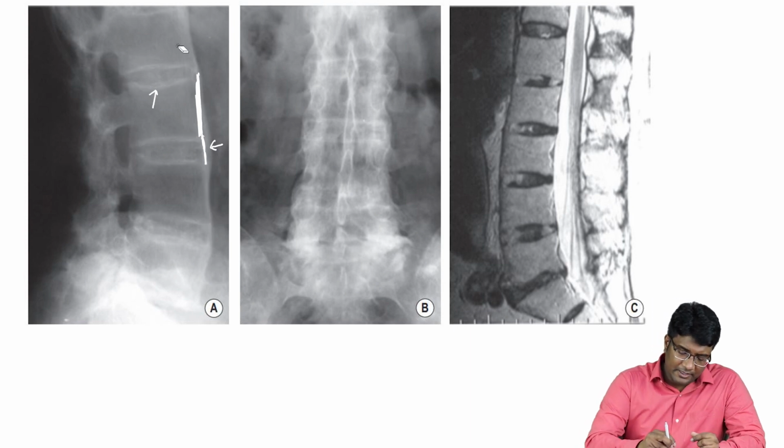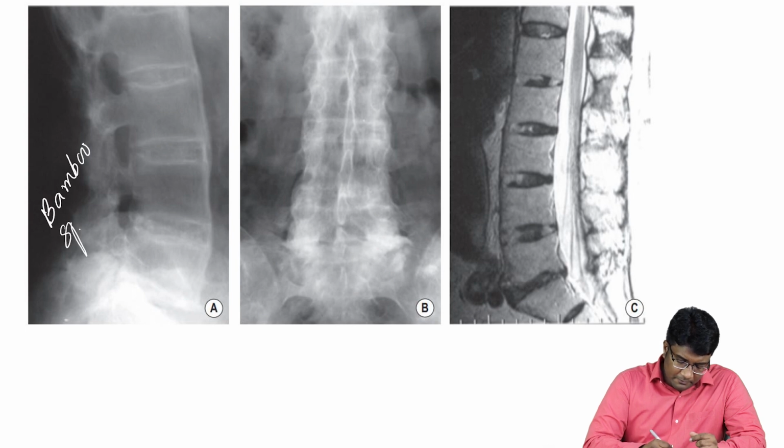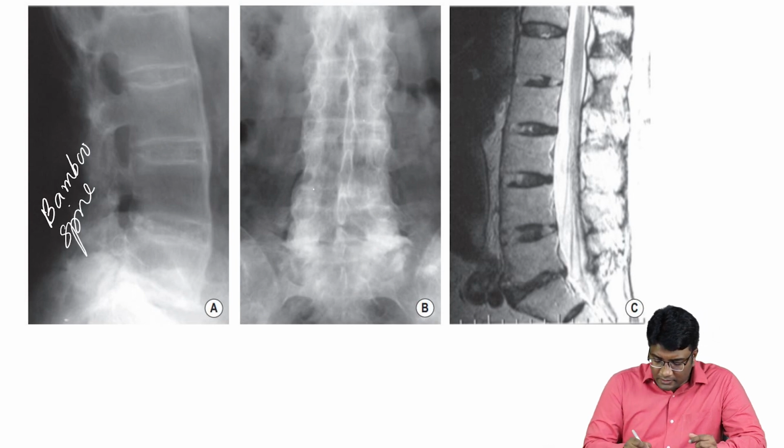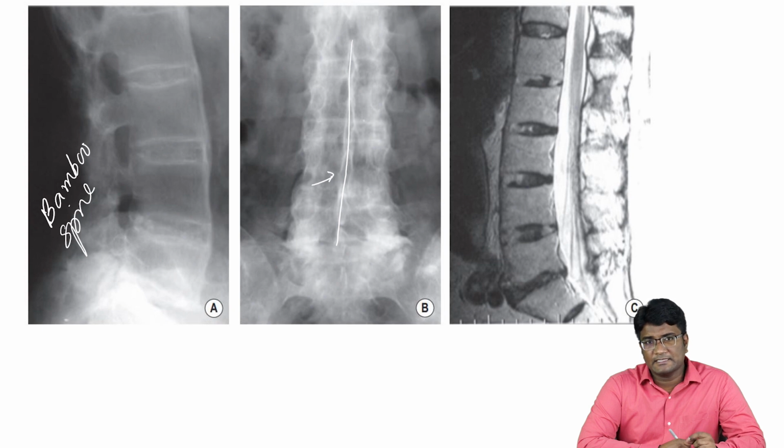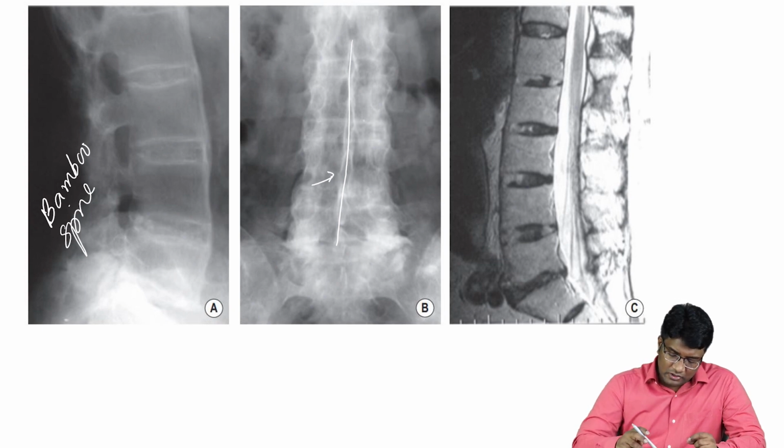So this kind of appearance that you have suggests a bamboo spine. So this indicates a bamboo spine. Here in ankylosing spondylitis, there is calcification noted in the interspinous ligament. This calcification of the interspinous ligament is called as what? Dagger sign.